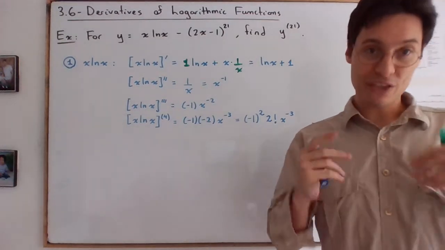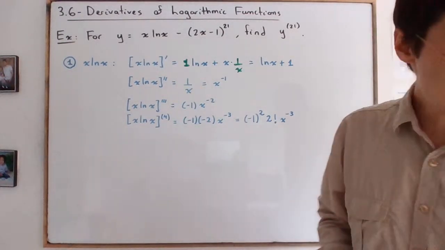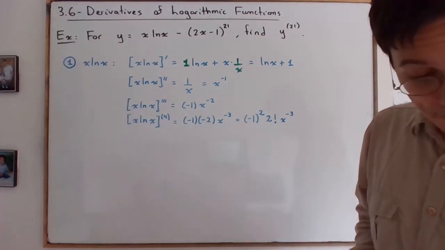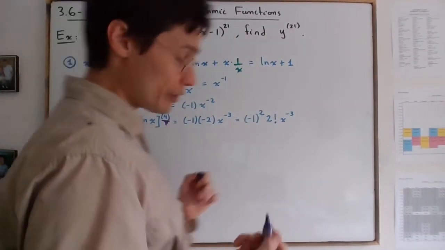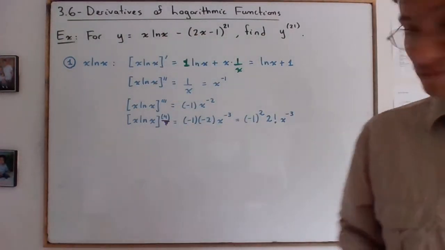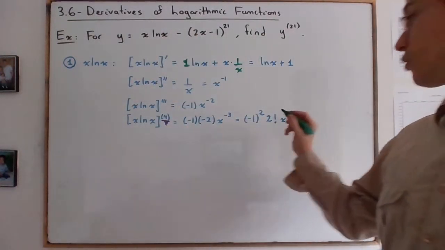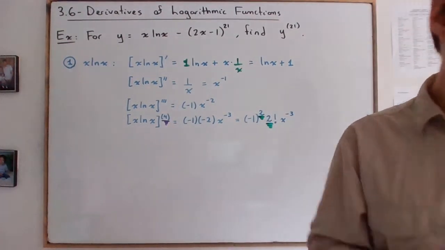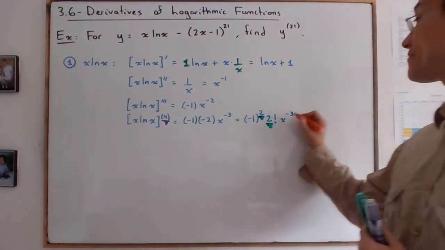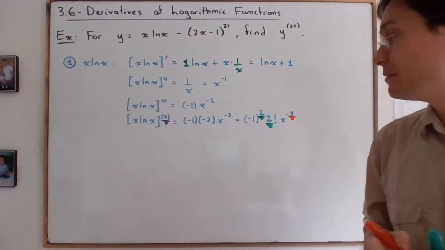So remember, what you have to do at this point is to compare the number. So we have to compare, so we're taking the fourth derivative, and we have 1 squared, we have 2 factorial, but we have x to the negative 3, okay?